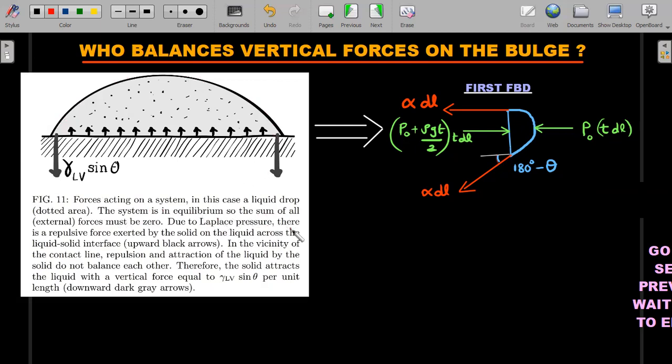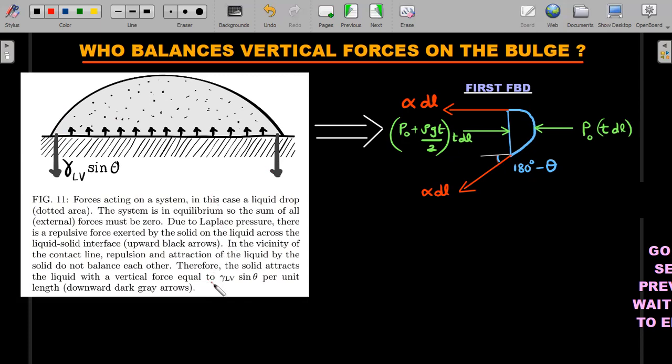Due to Laplace pressure, there is a repulsive force exerted by the solid on the liquid across the liquid-solid interface. These dotted arrows, even if you take a small three-phase contact point here, would push it in the upward direction. So those arrows here in the rightward direction would have an upward repulsive force, is what that research paper explains.